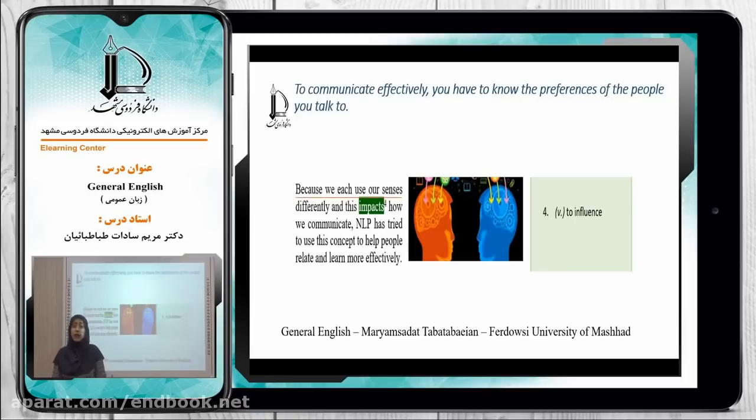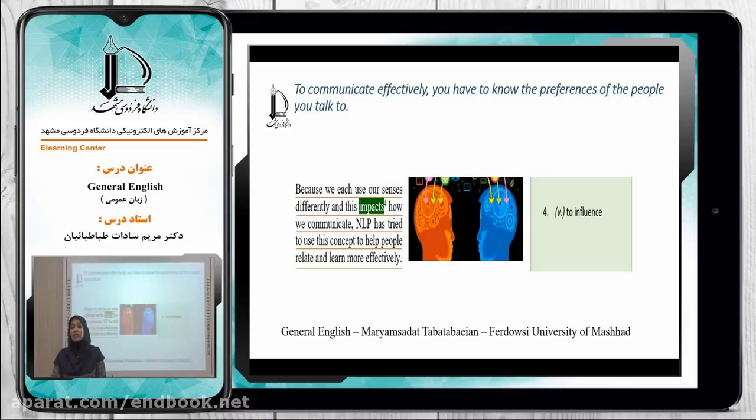Look at the underlined lines. It says, we use our senses, and these different senses affect the way we communicate. They influence it. So, NLP helps us use this concept and understand this concept to just communicate more effectively.